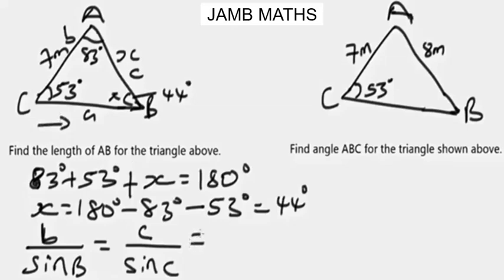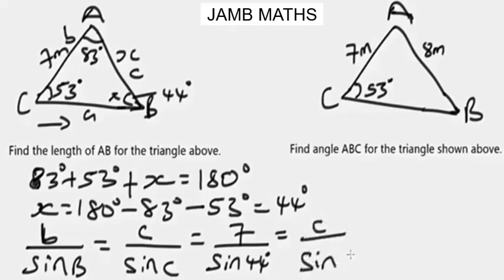Our side b value is 7 over sine B, and the angle there is 44 degrees, equals c, there's no value there, so let's use c to represent it, over sine of 53 degrees, that's the angle for C.